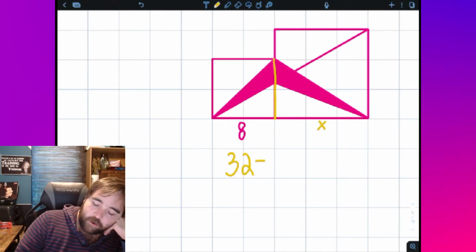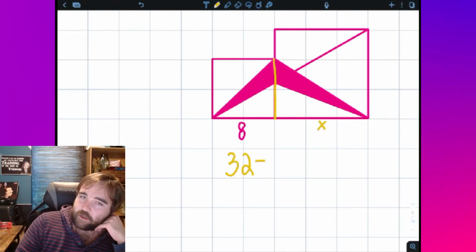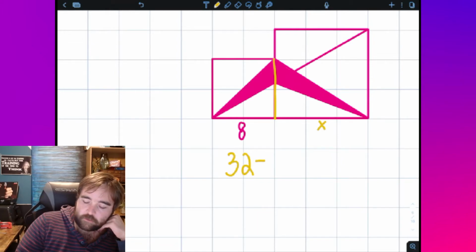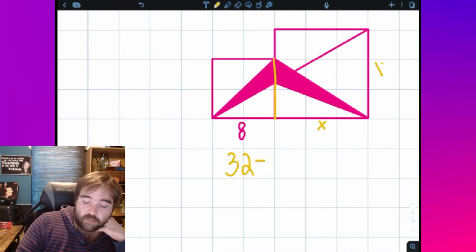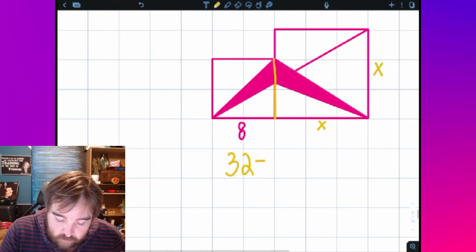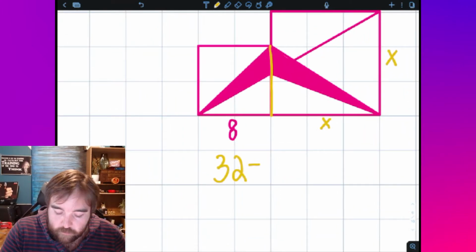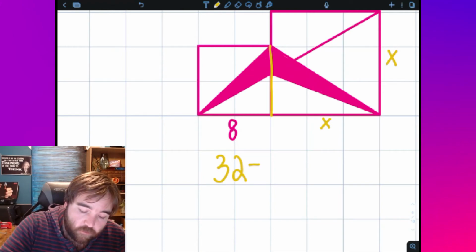And that's where I wasn't sure what to do about this side. So I made that x, and that allowed me to find some things. What did that allow me to find? That allowed me to use similar triangles to find this height right here.